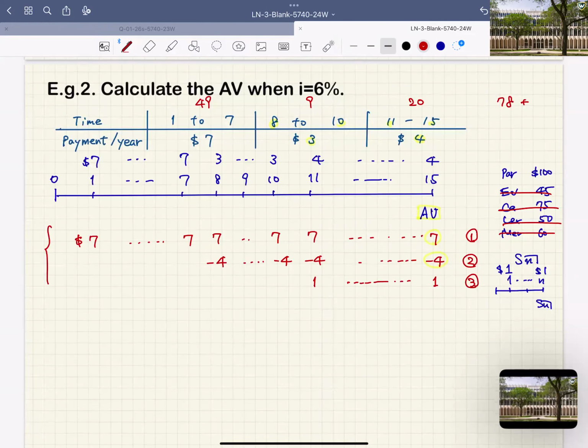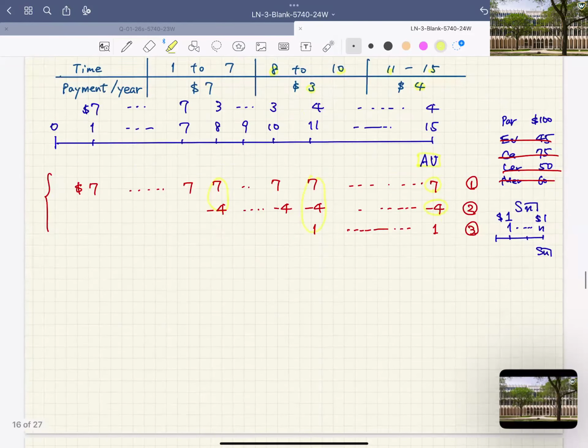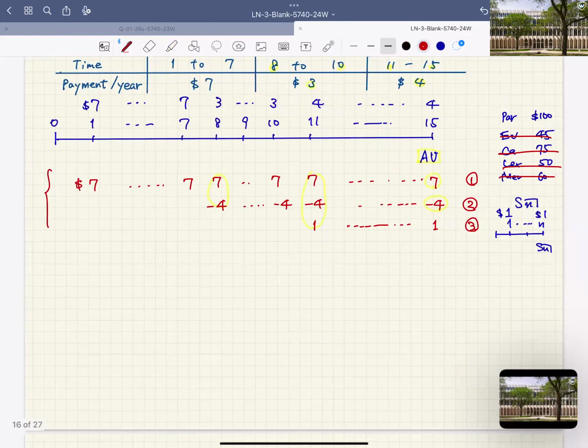So accumulated value should be the total of this. So $7 from 1 to 7, and $3 from 8 to 10, because 7 minus 4 is 3. And $4 from 11 to 15, because 7 minus 4 plus 1 is 4. Okay, so we want to calculate this.